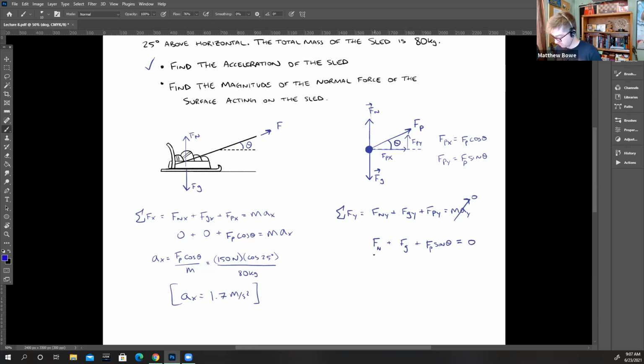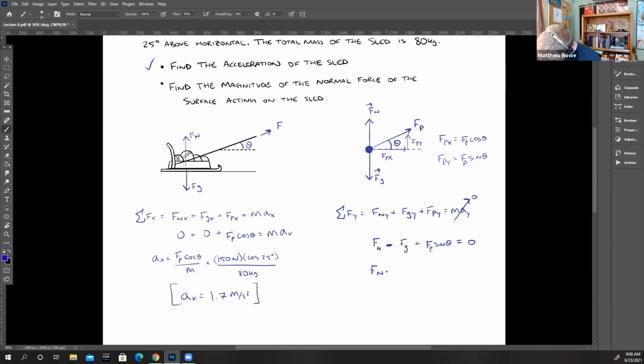And since we want to solve for this normal force, let's put everything else subtracted over. Oh, I'm sorry, this is not plus force due to gravity. Since I'm saying down is negative, this is minus force due to gravity. Okay, so now all of this, we're going to subtract to the other side of the equal sign.